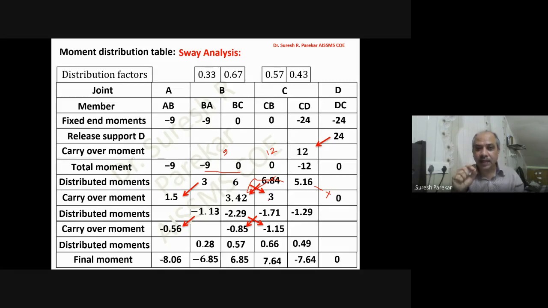Now we are going to get the value of correction factor by using shear equilibrium. By shear equilibrium, once I know the value of C, that is the correction factor, I will multiply that correction factor to the fixed end moments, which will give me the final moment due to sway analysis, and then we have to add the moment due to non-sway and due to sway.